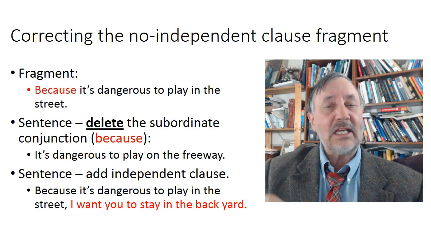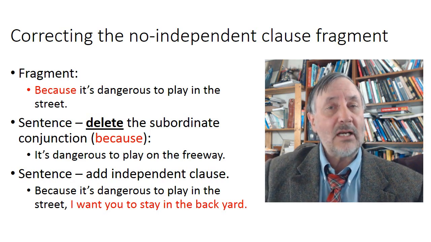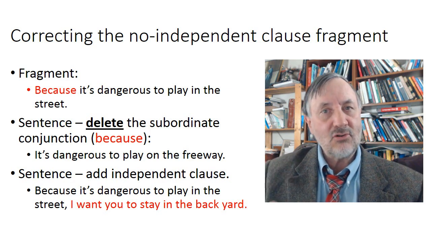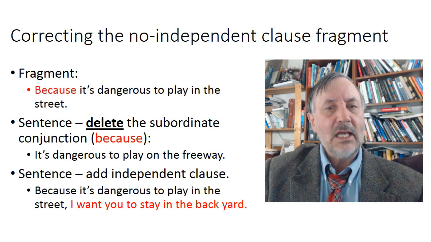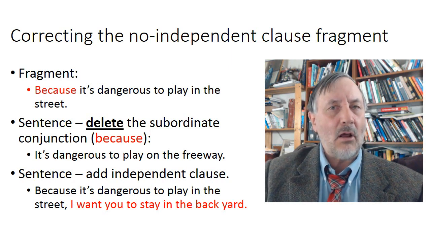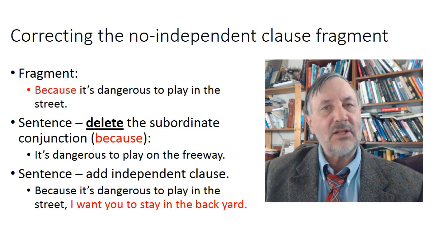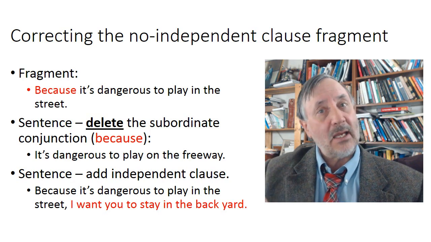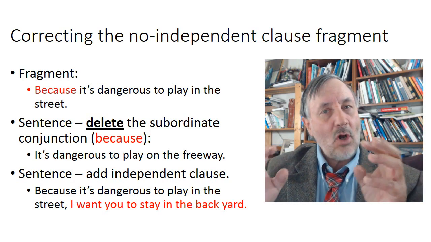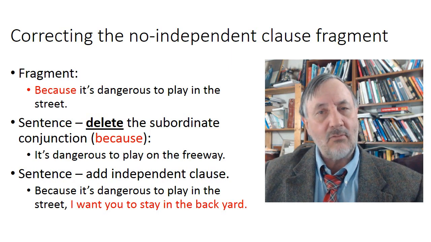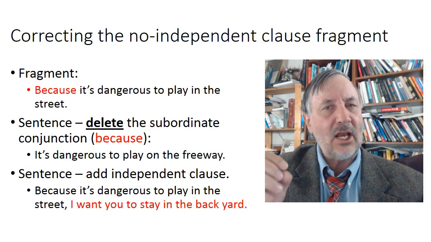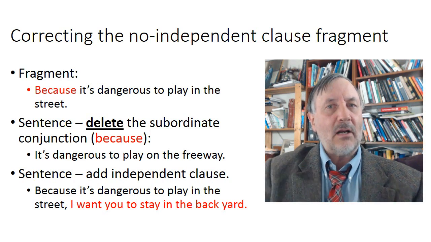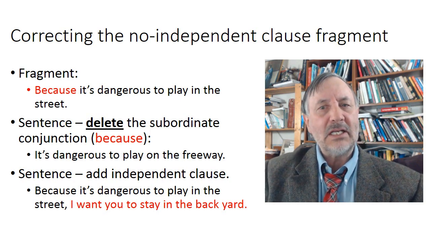But there are two ways to correct this. One, we can simply delete the subordinating conjunction, delete the because, and just say it's dangerous to play in the street. The other way to correct this fragment is to add an independent clause. So: because it's dangerous to play in the street, I want you to stay in the backyard. Okay, so I want you to stay in the backyard, which I've highlighted in red over here, is the independent clause and helps that dependent clause form a complete sentence.